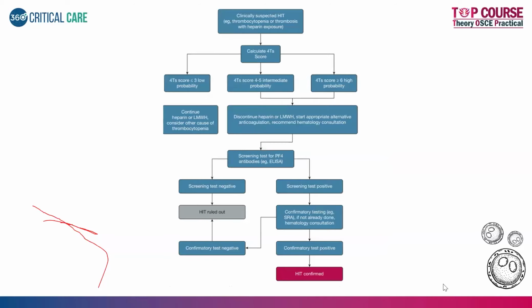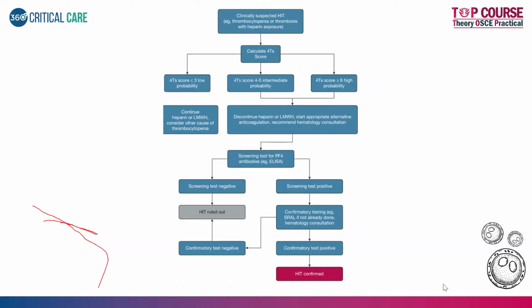So summarizing the whole thing: clinical suspicion, 4T score, categorize the score, okay, low, intermediate, high. Intermediate or high, you can go ahead. First step, whenever you have a 4T score between 4 to 5, stop heparin if the patient is on heparin, okay? And also think about using an alternate anticoagulation strategy for that patient if at all it is necessary.